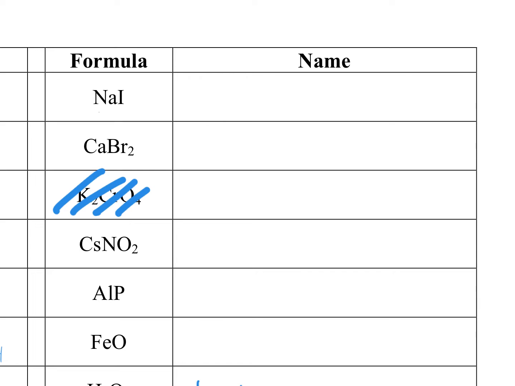So starting with NaI, that is sodium iodide, and that is a separate word. So let me leave a space there. Next we have CaBr2. That is calcium, and then next we have bromide.